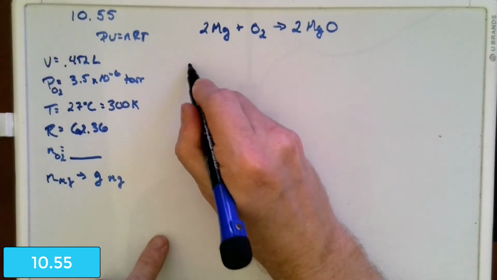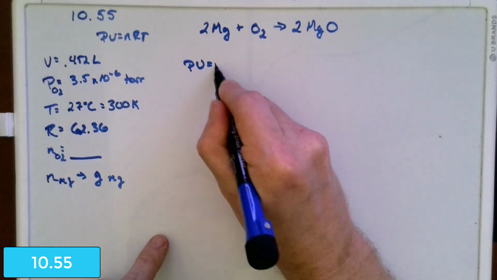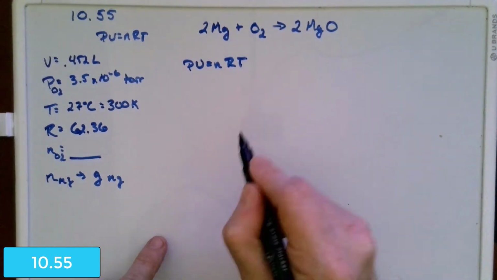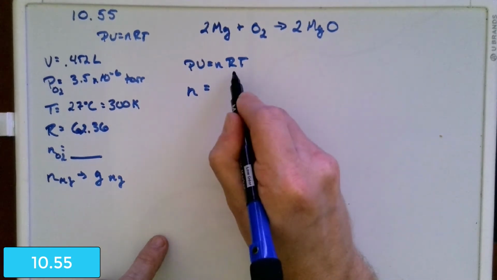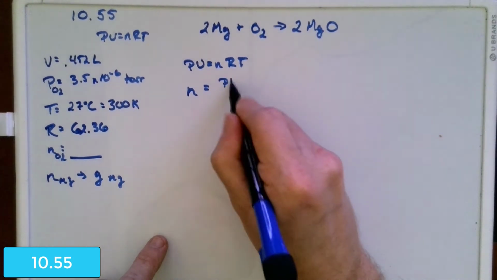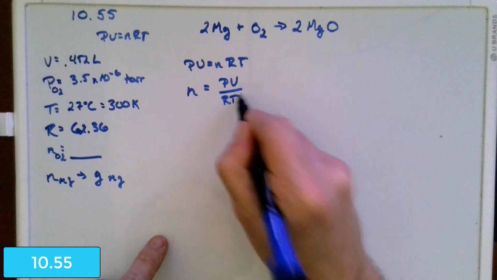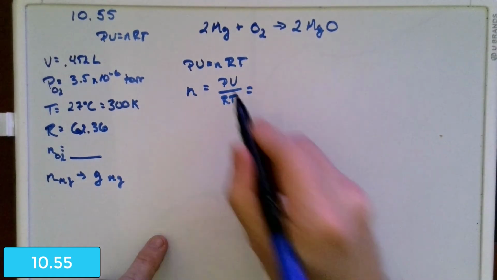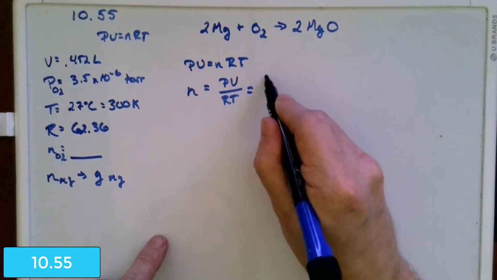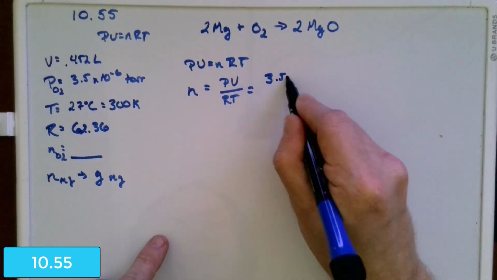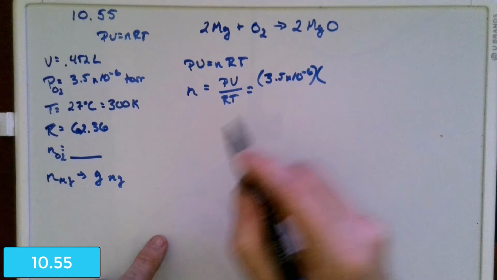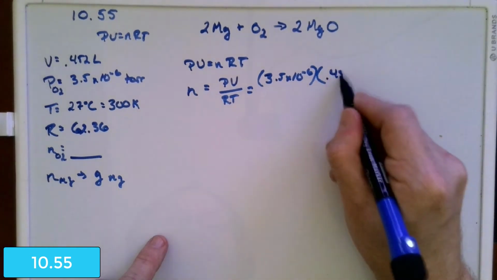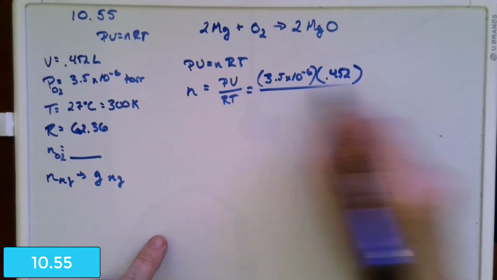Taking the ideal gas formula, we know that PV equals nRT. Rearranging the equation for n, dividing both sides by RT, you end up with pressure times volume over RT. Let's plug in our variables. The pressure of the oxygen was given in torr, 3.5 times 10 to the negative 6. The volume of oxygen was 0.452 liters.